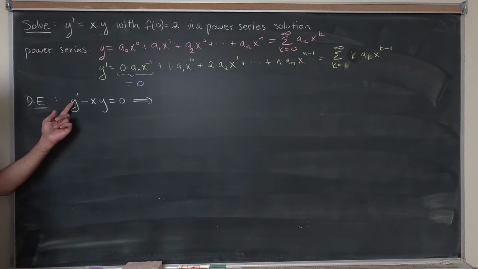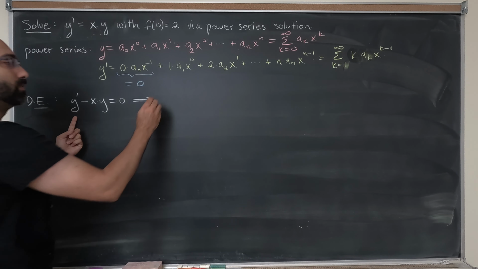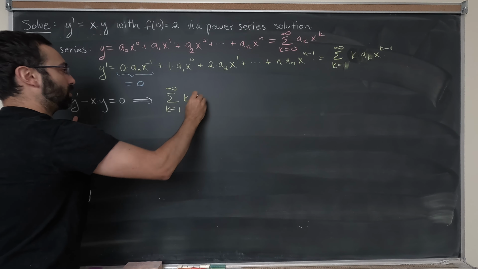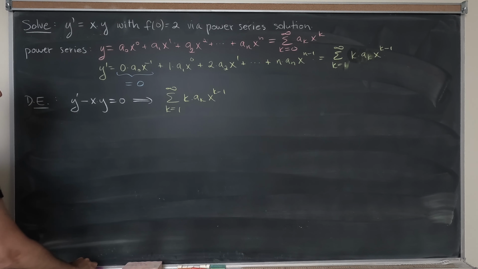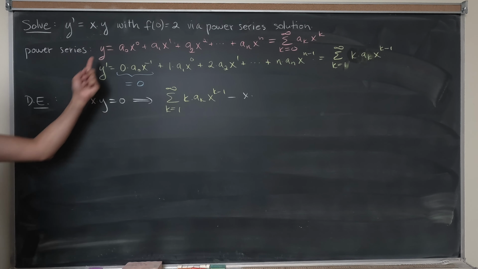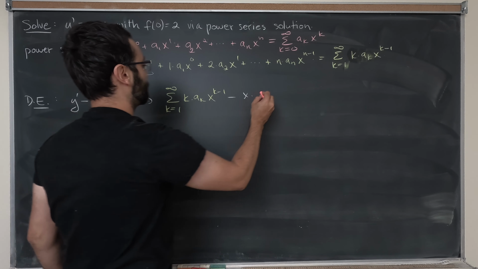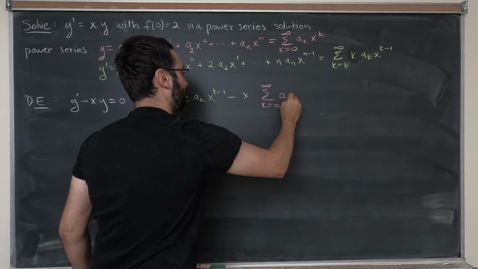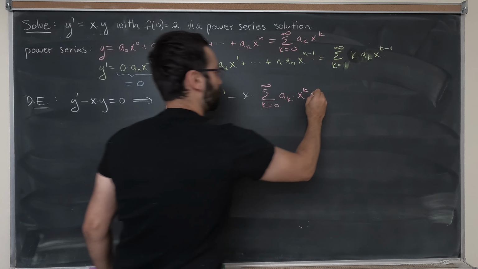Substituting y prime, this, right here, we have this minus x times y, and here's our function y. Equals 0.